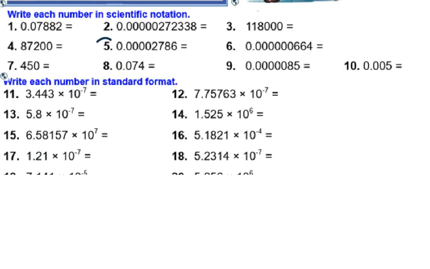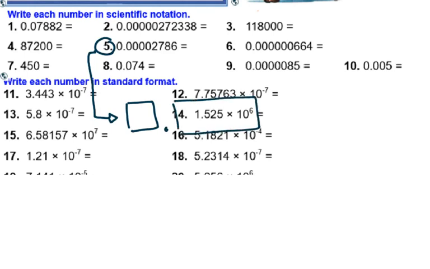Let's look at another number. So here is number 5. And you can always write me an email with some solutions to the problems that you see here online in our lessons, and ask me if you did it right, so I can respond to you if you're doing the questions correctly or not. So I have this number, and I have to write it in scientific notation. Scientific notation, again, starts with the number, and then the decimal point, and then whatever comes after that.